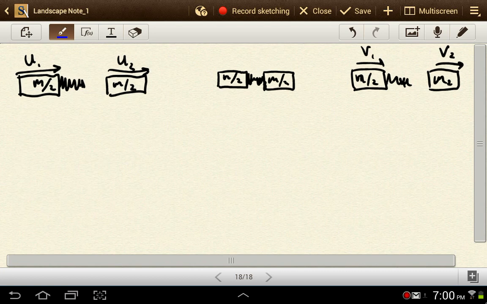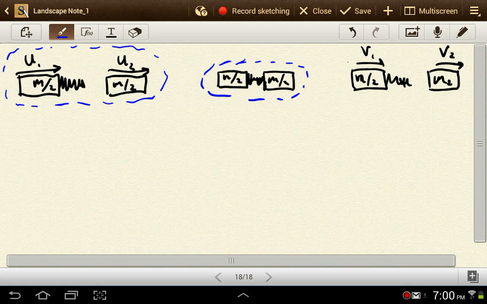I'm going to draw a dotted line around the things, and the carts and the spring, of course, are all part of the system. Here's the system boundary. The question I want to ask is, are there any net external forces acting on the system?